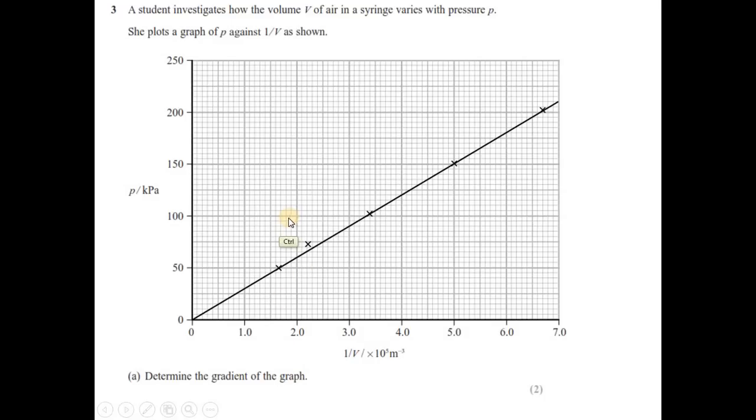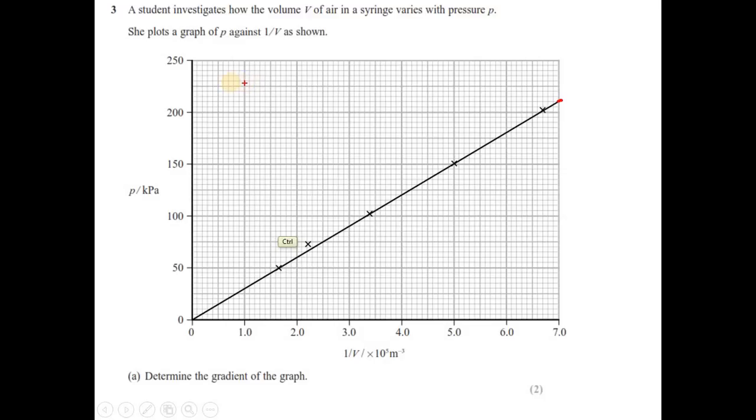So for the gradient of the graph, you see that this is 0, 0, and I can take this point as a second point, so we don't need to consider this. So we do rise over run.